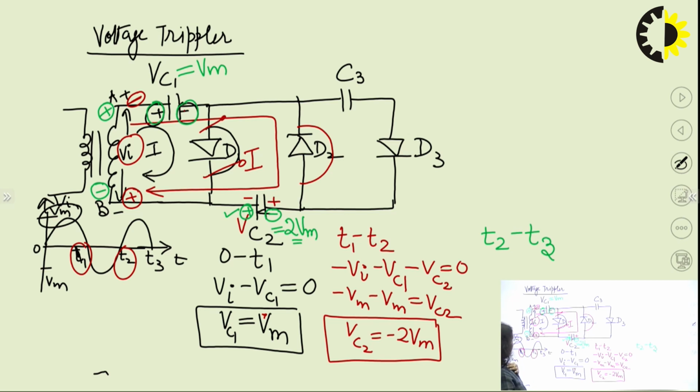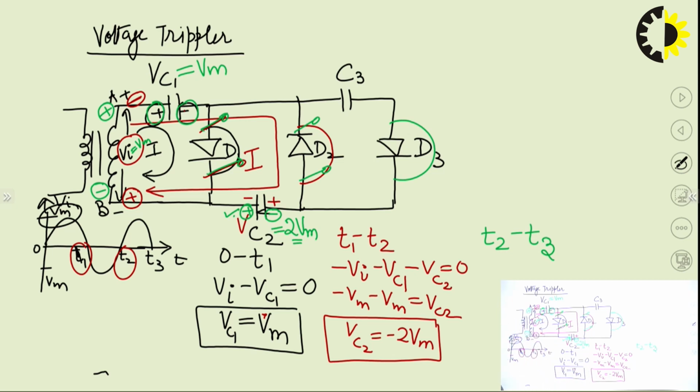So if you look carefully, we can see this Vm and this Vm will get cancelled because of the sign notation, but this positive will make diode D1 reverse biased. Also this negative sign will make diode D2 also reverse biased, but this negative will make diode D3 forward biased.